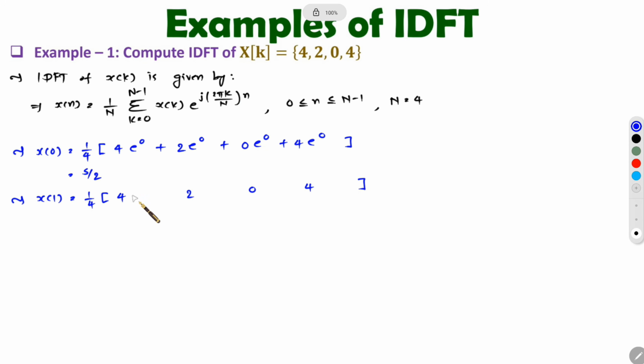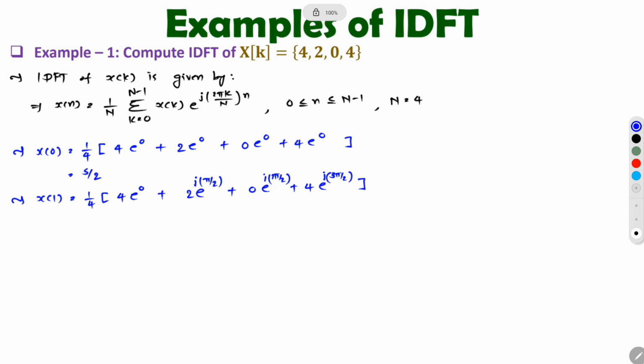So here we will have e to the power 0. Then here we will have e to the power pi by 2. Then here we will have e to the power 2 pi by 2. Then here we will have e to the power 3 pi by 2. And here always remember we have the e to the power j term.